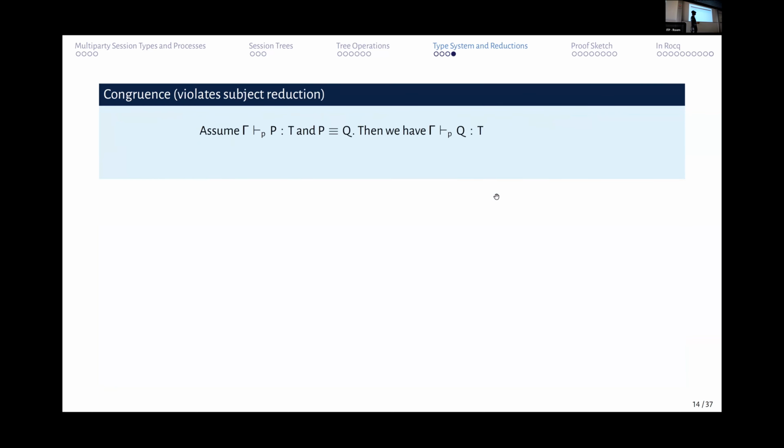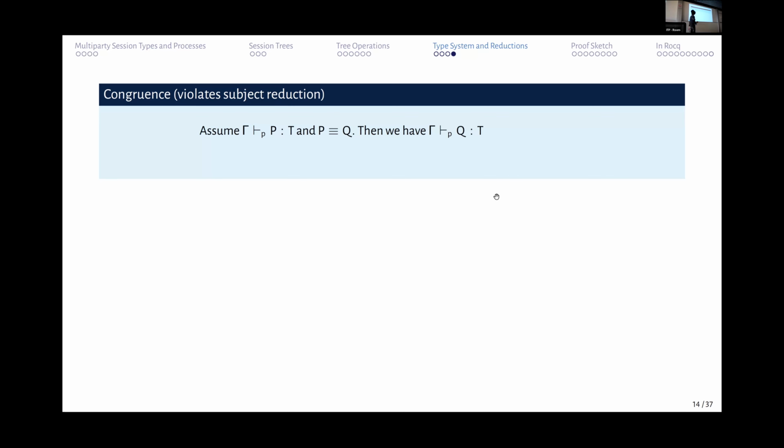And so what was wrong here is that in the pi calculus, Robin Milner discovered that if we use structural congruence, we can model recursion very easily. And that is the case. We believed it in this calculus.